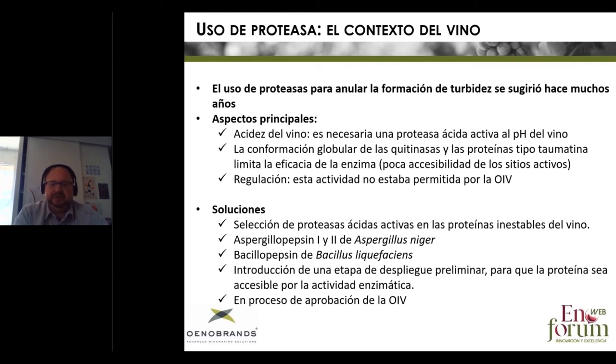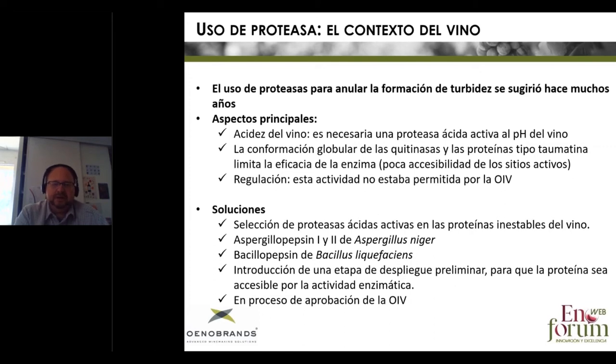So the various options to bypass those issues are the selection of acid protease, and aspergillopepsin 1 and 2 from Aspergillus niger, or bacillopepsin from Bacillus liquefaciens could be good candidates since they are acid proteases.